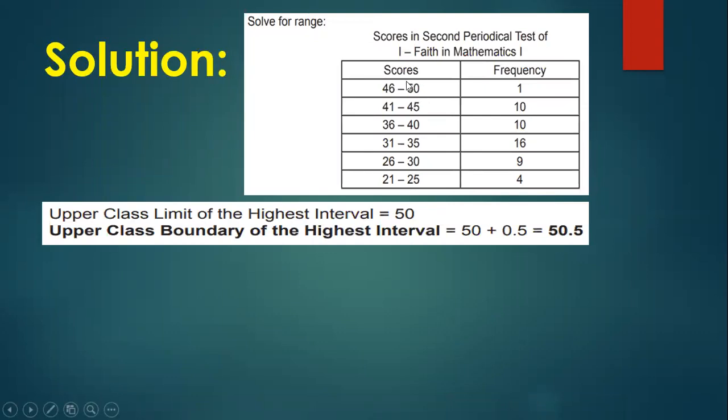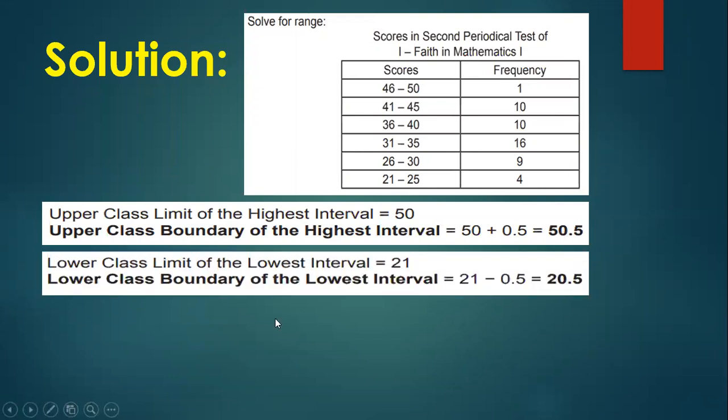You need to always add 0.5 to get the upper class boundary of the highest interval. So 50 plus 0.5 is 50.5.